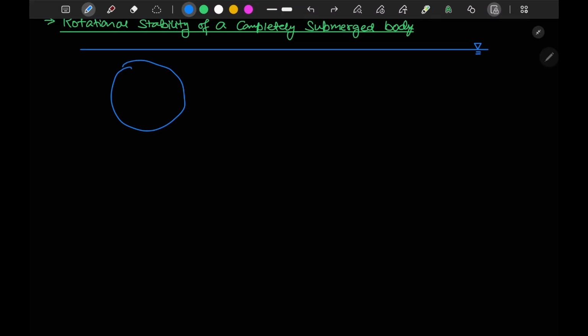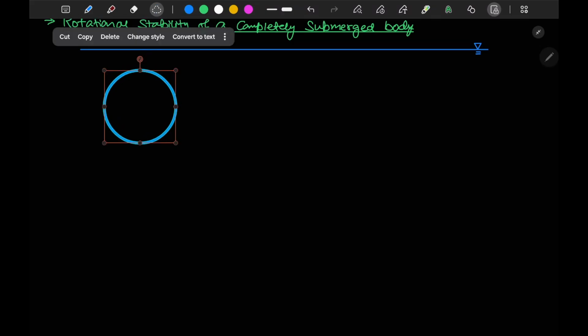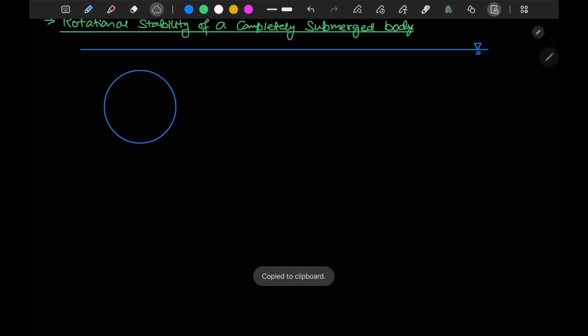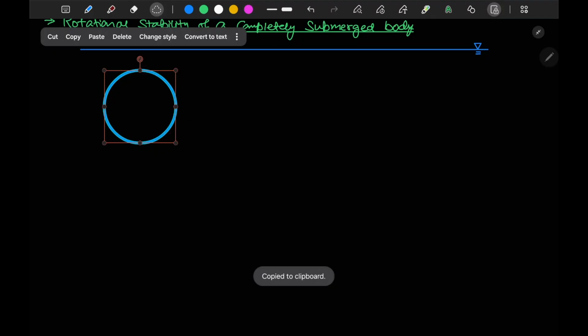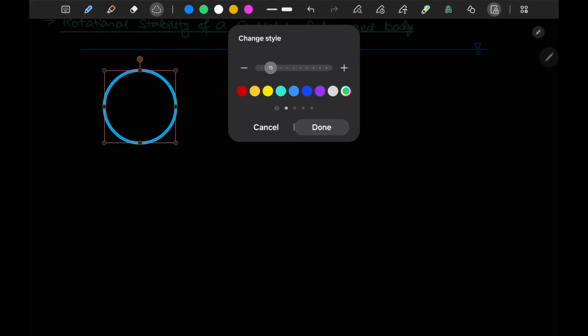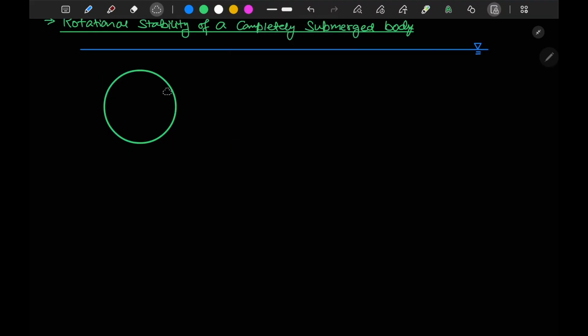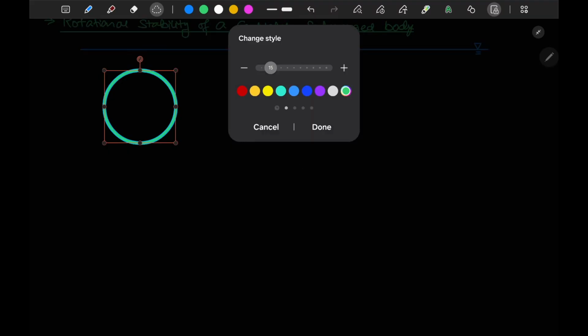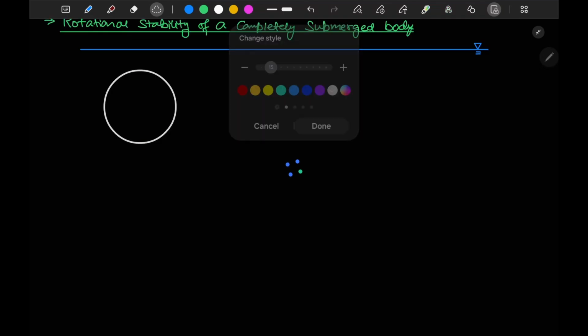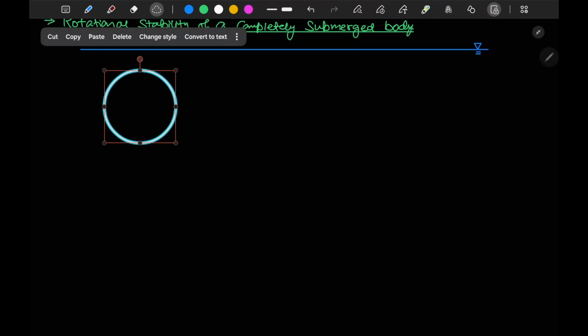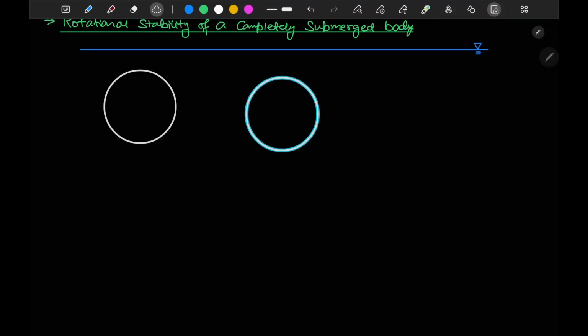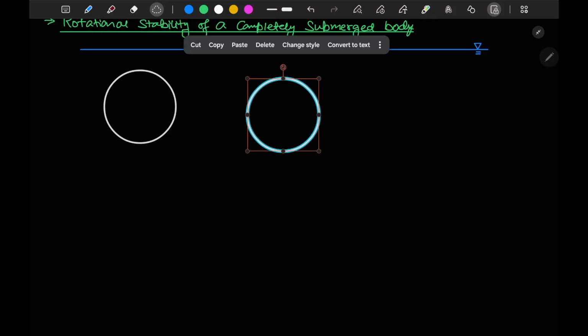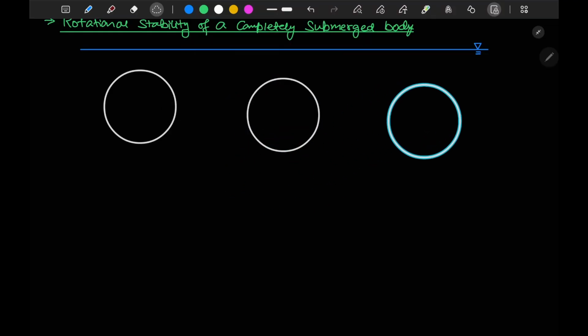Let's say one is this body. This is your body one. As I mentioned, there are three bodies there, and these three bodies we are talking about here.